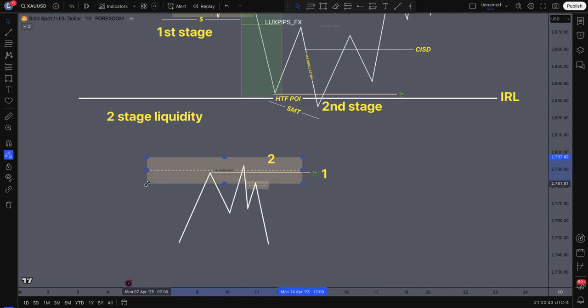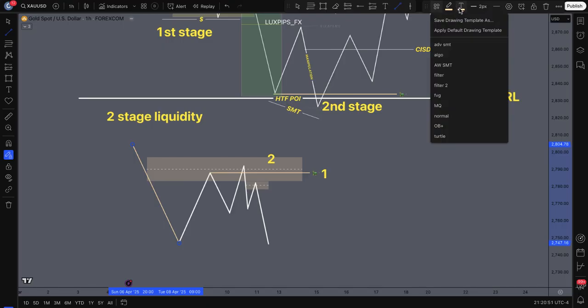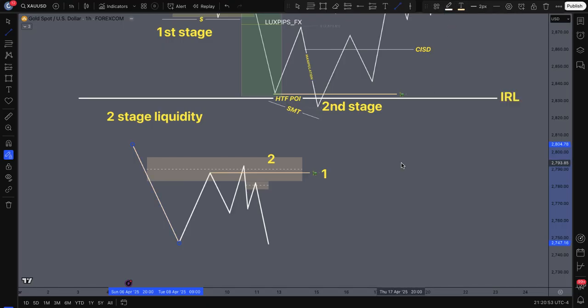This can even be inside of a liquidity void or an FEG. The heck. Sorry. Hopefully you understand this and drew it out.